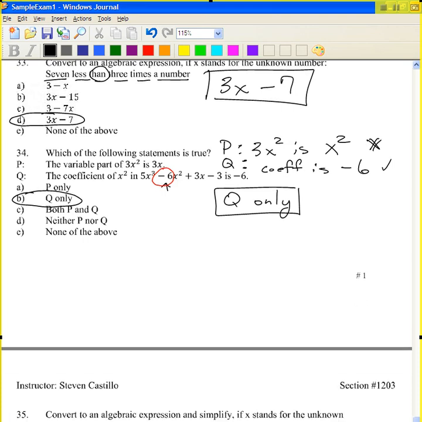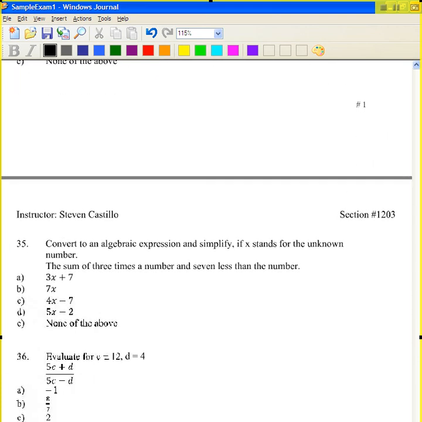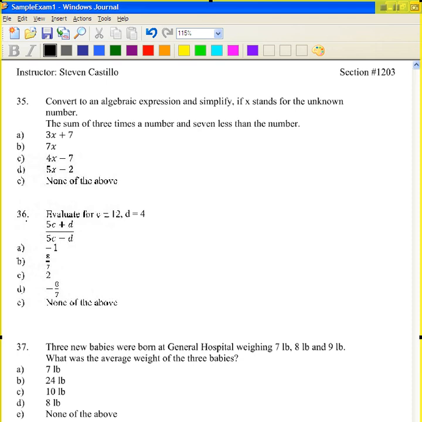35. Convert to an algebraic expression and simplify if x stands for the unknown number. The sum of 3 times a number and 7 less than the number. So let's simplify this.